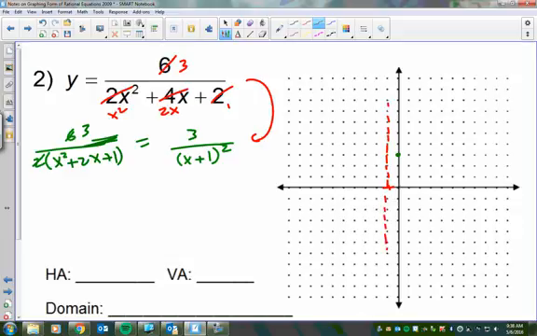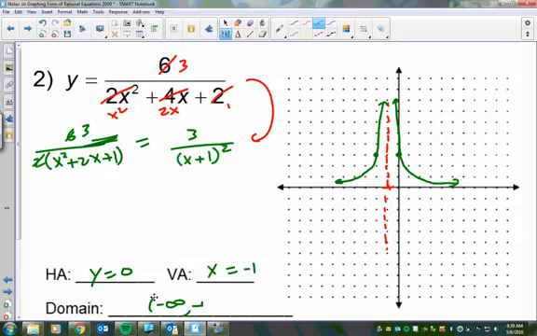1, 2, 3. So this point here and here is how you show whether it's stretched or not. And this time we're not going to calculate the intercepts because obviously it doesn't have an x-intercept, and the y-intercept is obviously 3. Although just for the record, if I plug in 0, the denominator becomes 1 squared is 1, and 3 over 1 is 3. So you should be able to calculate it.